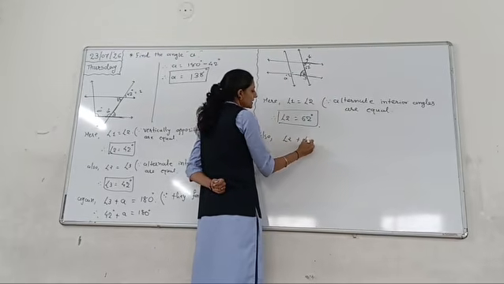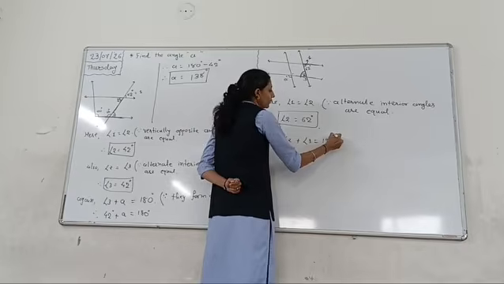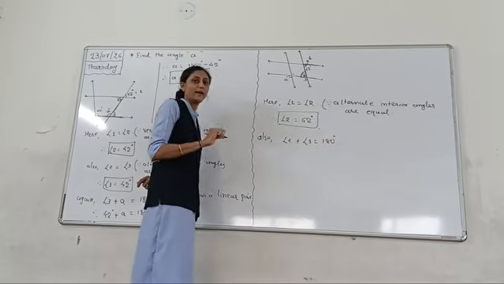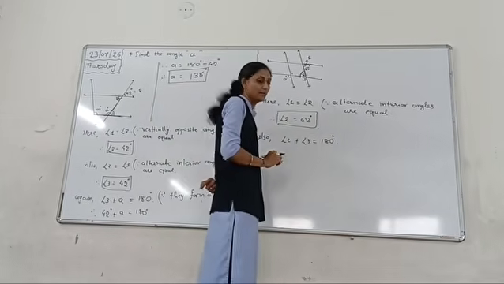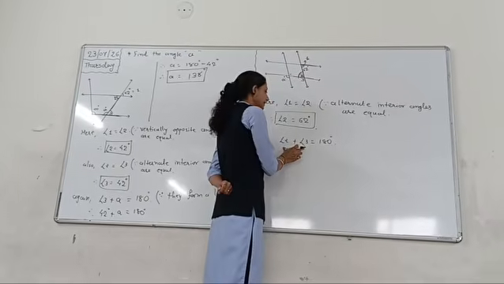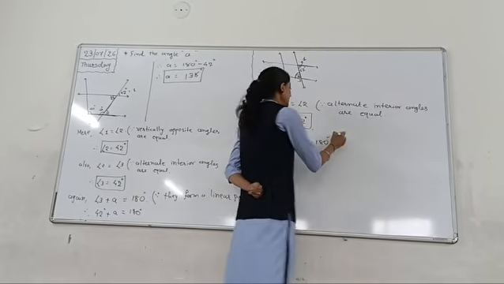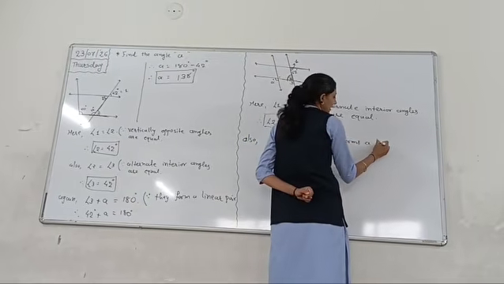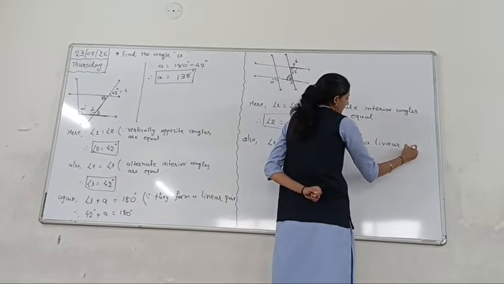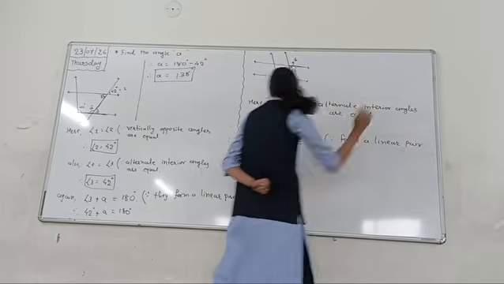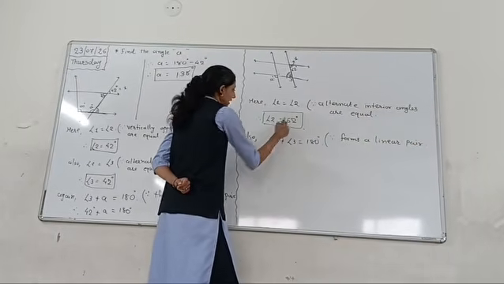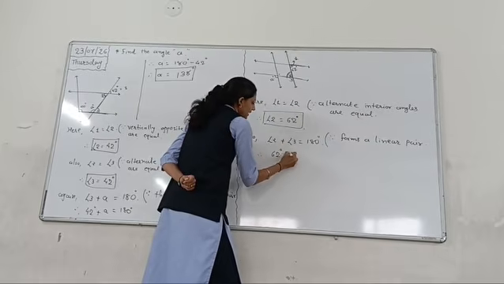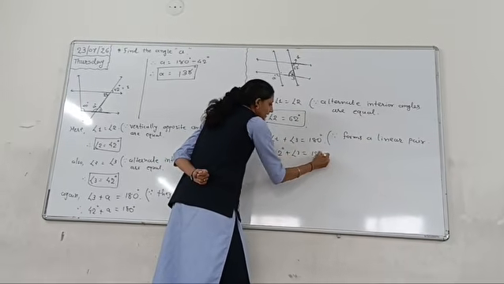Angle 2 plus angle 3 is equal to 180 degrees, because a linear pair is supplementary, and supplementary angles add up to 180. The reason we write is: they form a linear pair. Okay, angle 2, that is 62 degrees, plus angle 3 equals 180 degrees.